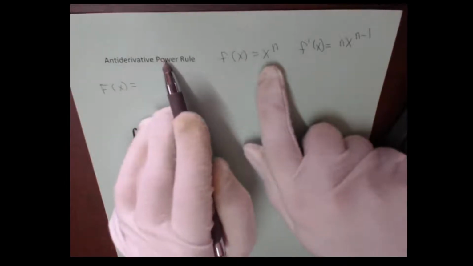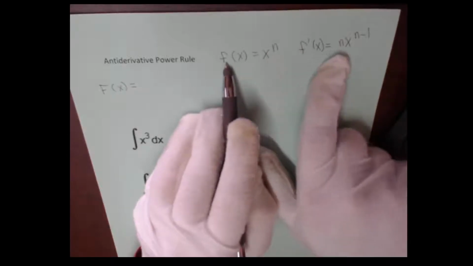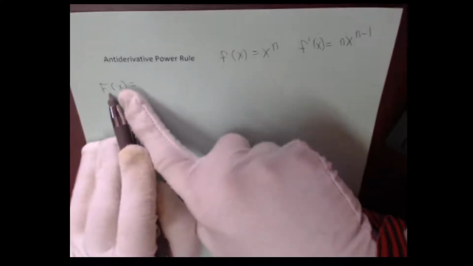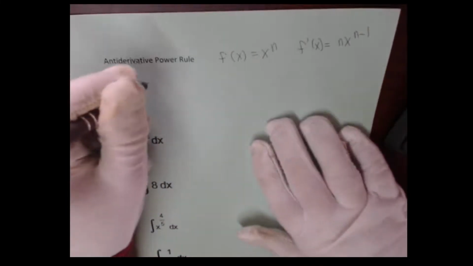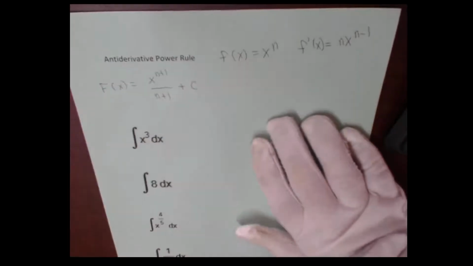Here's my function, here's the function's derivative, but now we're going to go backwards to find the antiderivative. So capital F of x would be equal to x to the n plus 1 divided by n plus 1, plus c.